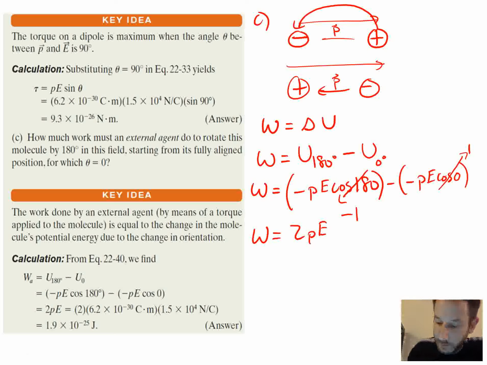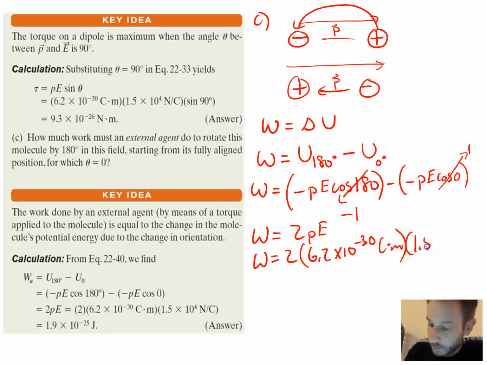All right, now that it's simplified, we can just go ahead and plug in values. So our work is equal to 2 times our dipole moment, which is 6.2 times 10 to the negative 30 coulomb meters, multiplied by 1.5 times 10 to the 4th newtons per coulomb.